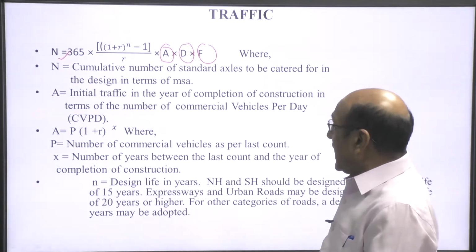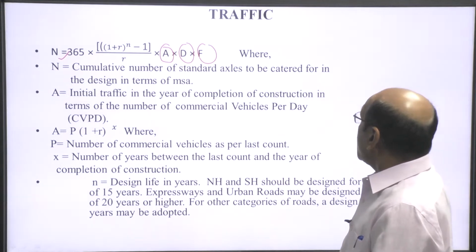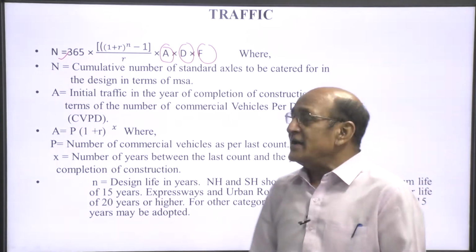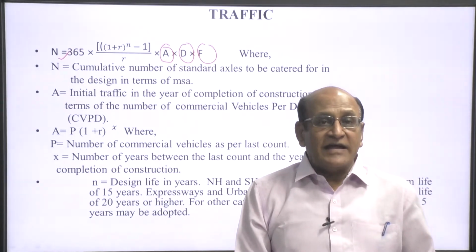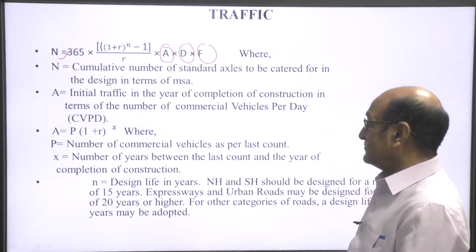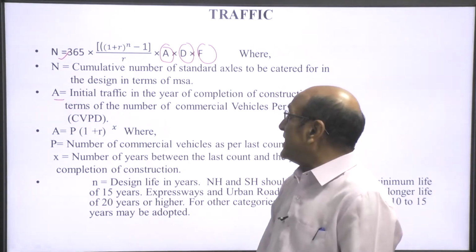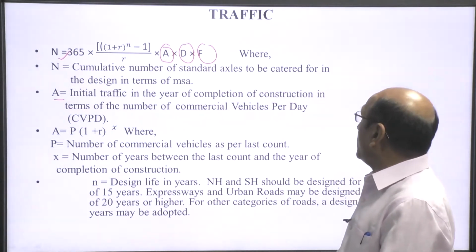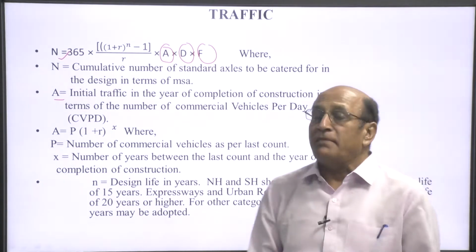where N is the cumulative number of standard axles to be catered for in design in terms of MSA, million standard axle. A is the initial traffic in the year of completion of construction in terms of number of commercial vehicles per day.